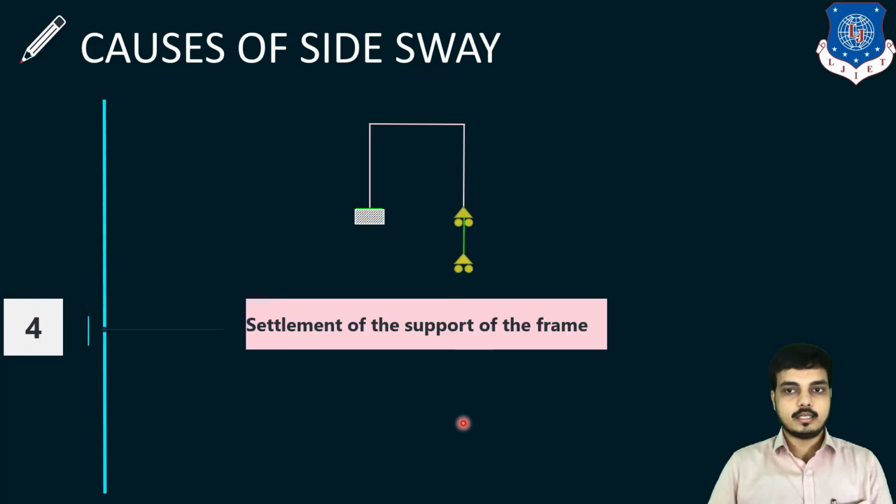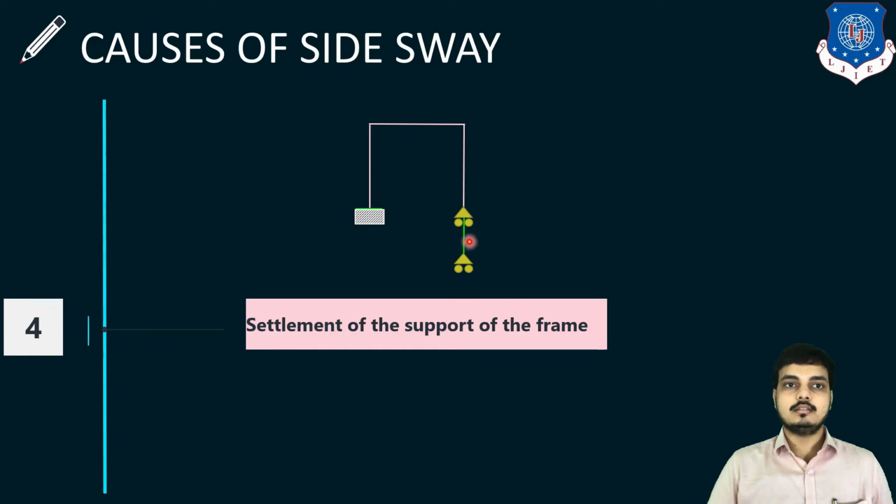Our next, fourth point is settlement of the support of the frame. Whenever it is given in the example that any support of the frame is settling by some amount delta, like here, where this is a fixed support and this is a roller support, and the roller support is deflecting by some amount delta, this deflection causes sway in the frame.